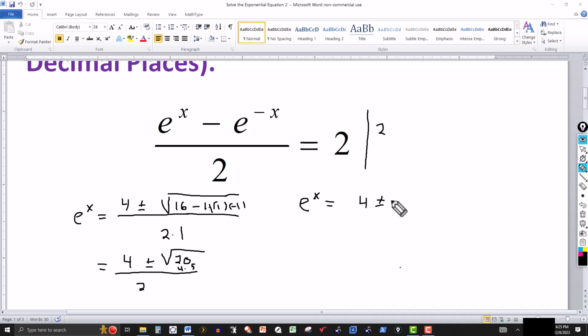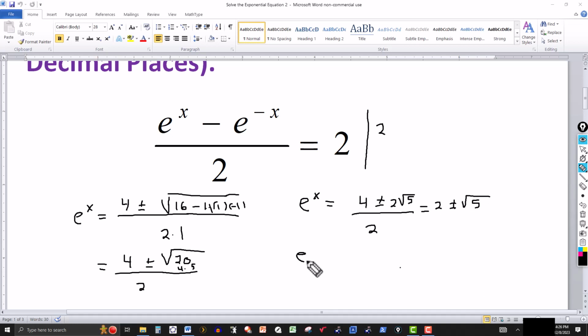The square root of 4 is 2. That comes outside the radical. And it's the square root of 5. And that's over 2. We can simplify this by dividing through by 2. So 4 divided by 2 will give me a 2. And then 2 goes into 2 one time. So this is just 2 plus or minus the square root of 5.